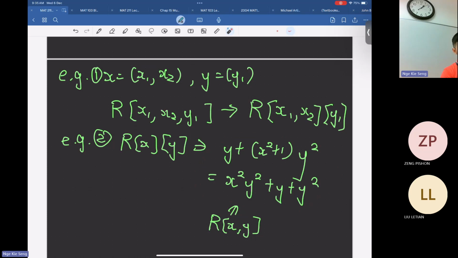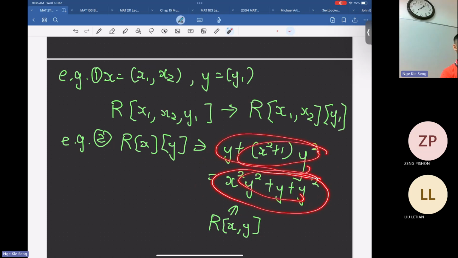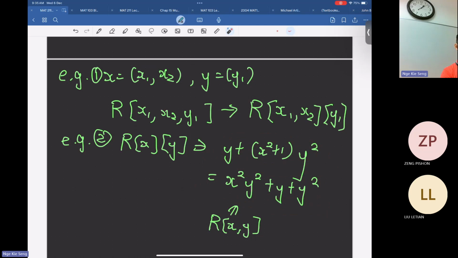But the more important thing here is the presentation of the form of this polynomial, because the different way you present it is how you simplify the polynomial, right? So this will tell a substantial amount about your rings.